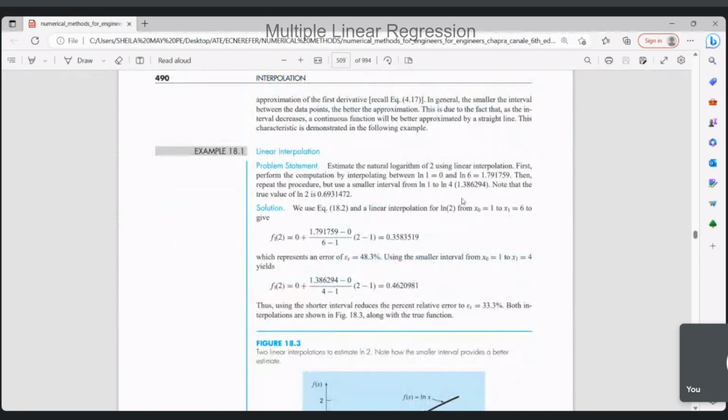Okay. Now here, for the solution, note that the true value of ln 2 is 0.693147. You can just input that in your calculator, then you can have those values. ln of 6 is here, ln of 1 is 0, ln of 4 is here, and ln of 2 is 0.693147.